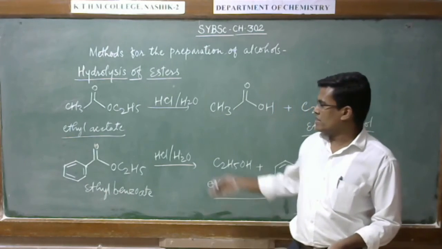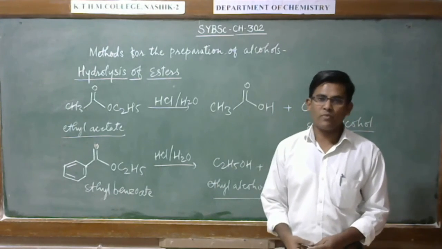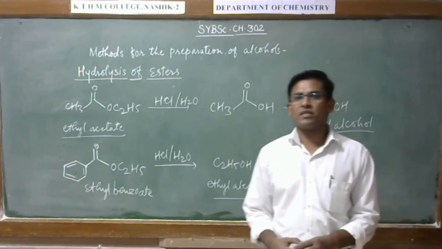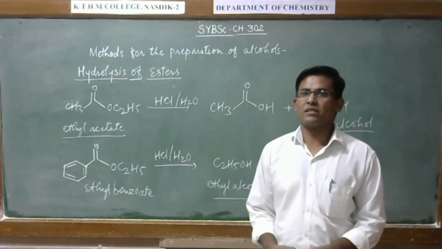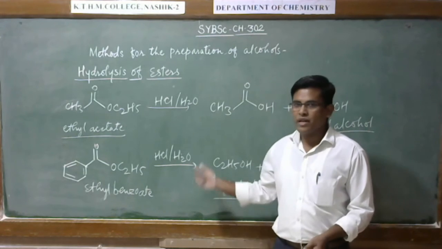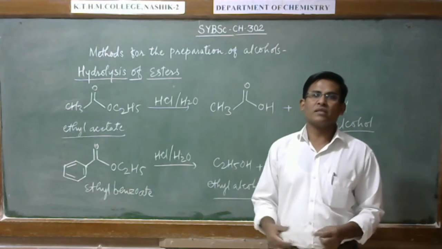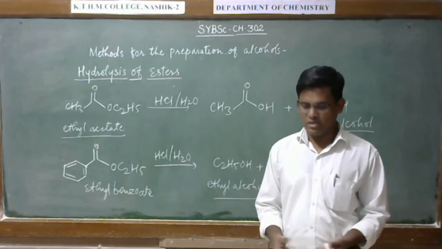So one more method is reduction of carbonyl compounds. Carbonyl compounds such as aldehyde, ketones, esters and acids. So we can prepare the alcohol by using the reduction of carbonyl compounds.